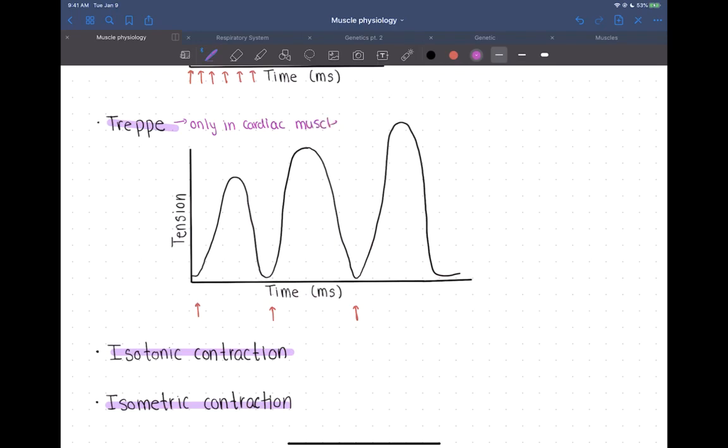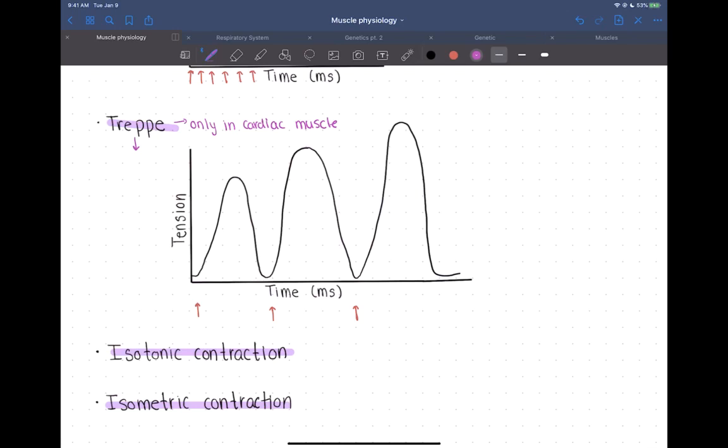So it's a very special characteristic that heart muscle has. Okay? And so what happens with treppe is that the muscle can contract and relax, and you stimulate it again just as it relaxes, and you get a stronger contraction.